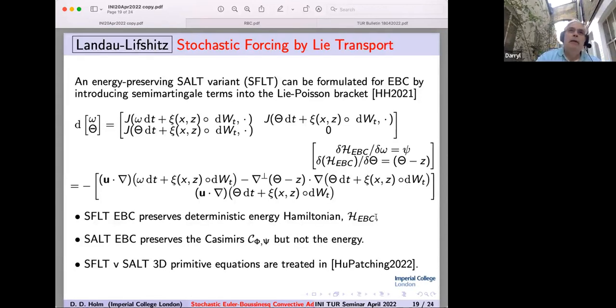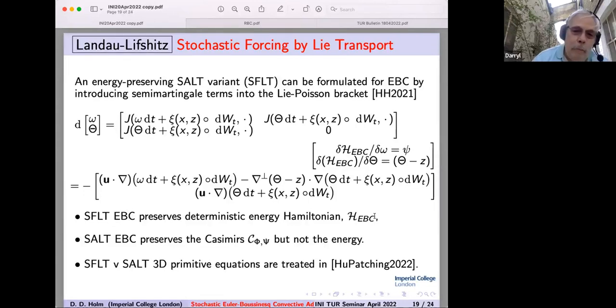And that turns out to be something you can put in directly from the Lagrange-d'Alembert method. It becomes very flexible.